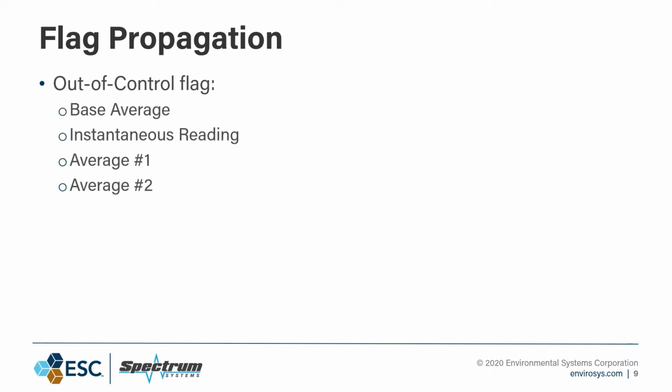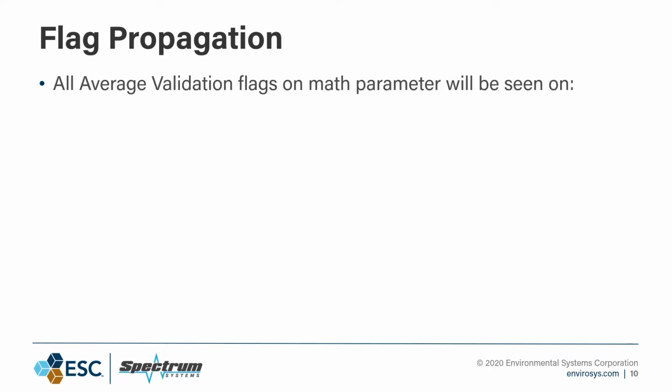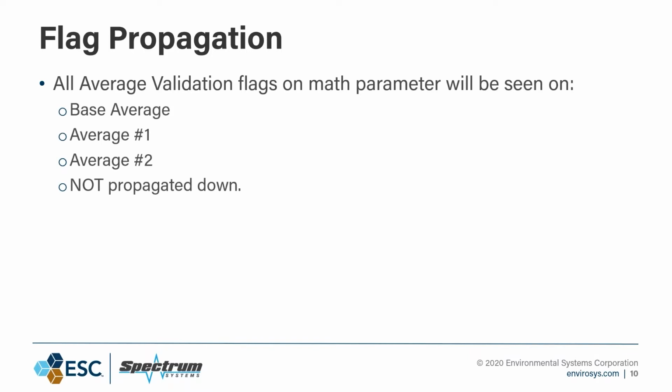It propagates to the base average, instantaneous, average 1, and average 2. And it does propagate down, again, like if COPPM is out of control, it will propagate to the CO pounds per hour. All the average validation flags will be seen on the base average, average 1, and average 2, and these are not propagated to other parameters.